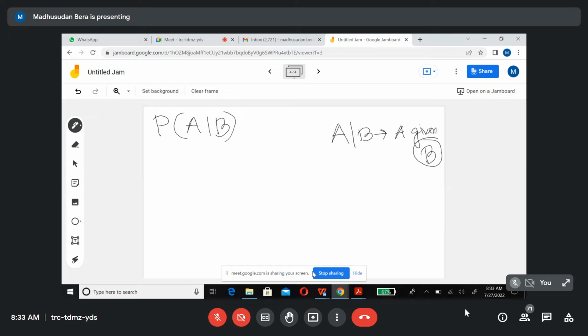Then the probability inside B of A is the number of elements in A intersection B divided by the number of elements in B. Correct or not?